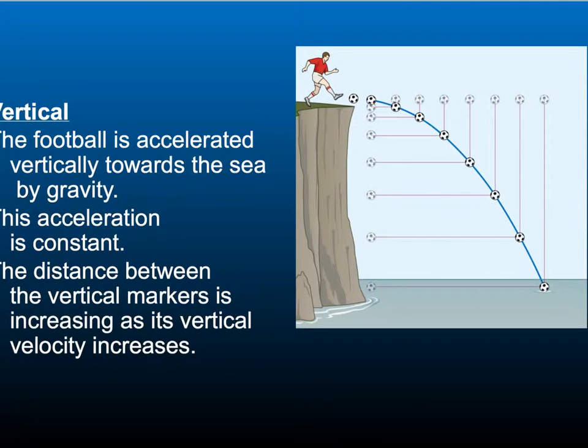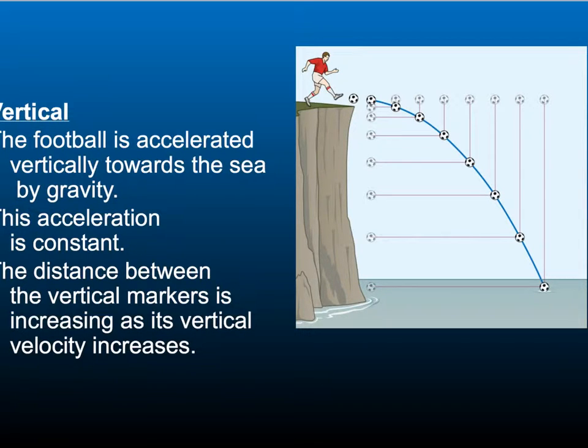If you consider the vertical component of velocity, you can see that the time intervals, although they are the same, get further apart as we go down the cliff. This is because gravity is acting upon the ball and its acceleration is constant, which means it's getting faster as it falls, so its velocity is increasing.